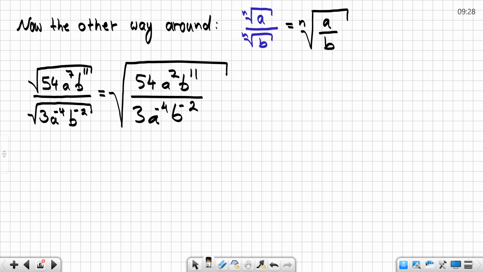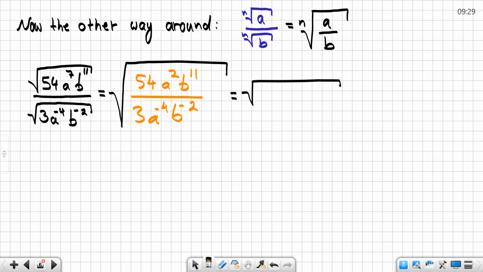And the difference here now between this problem and the last problems, on the inside here, I can now do something with this. This can be simplified.